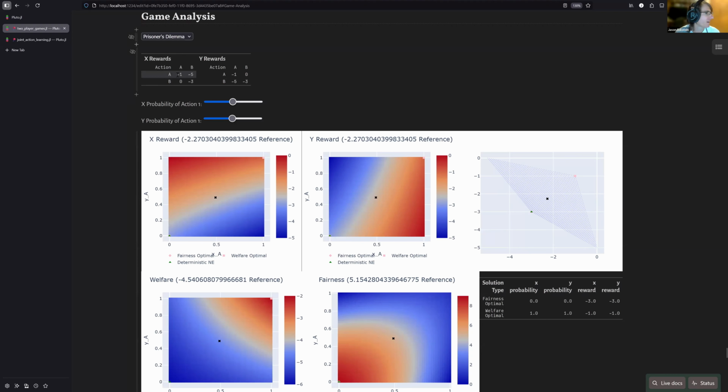You're basically just checking if any corner of this grid is an equilibrium, meaning you check if there's an improvement you could make from changing the action. And if not, then it's an equilibrium. If not for both players. I mean, this problem's small, so we are effectively exhaustively searching the pure equilibrium space.